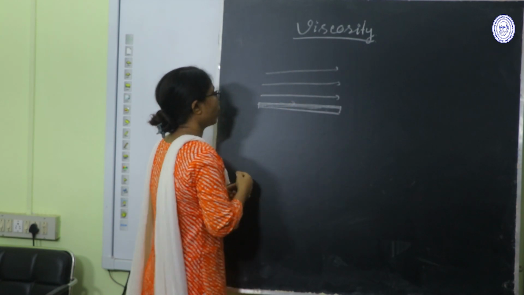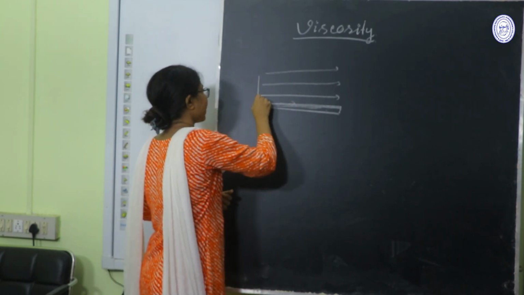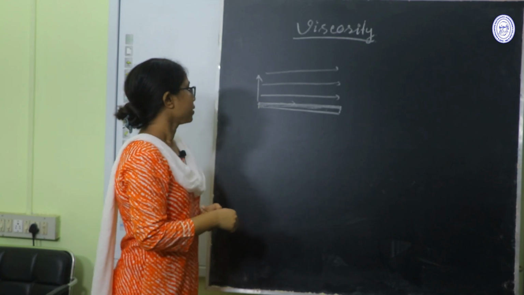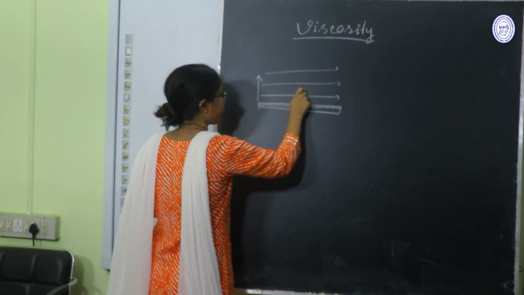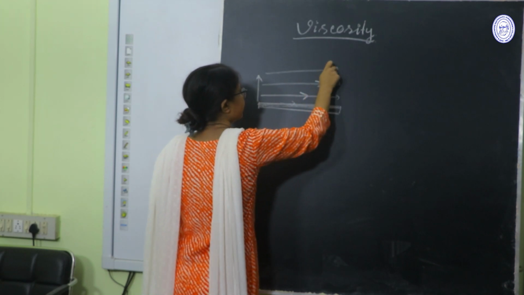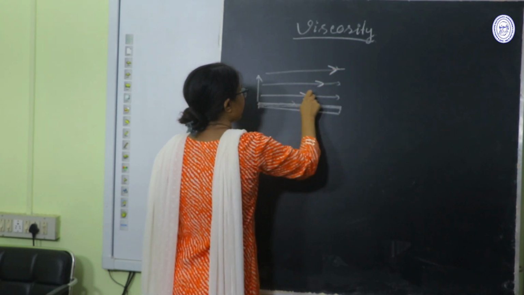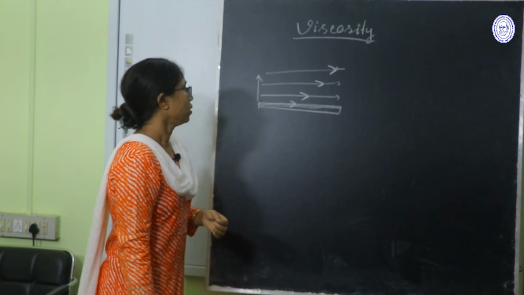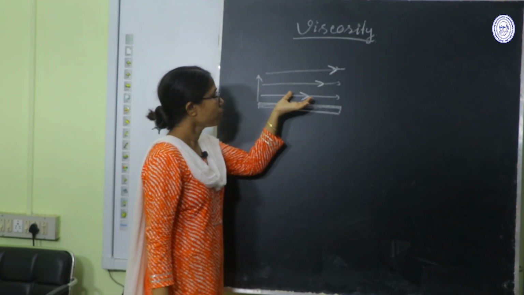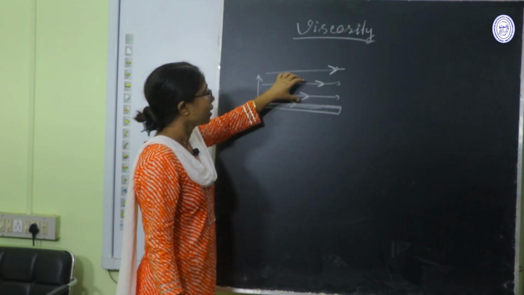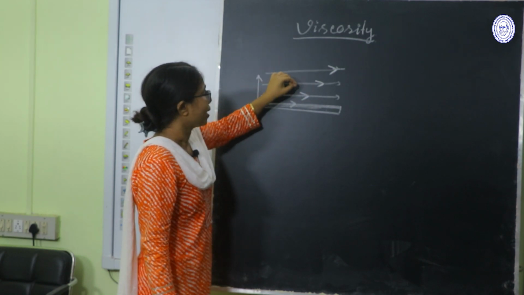With increasing height, the velocity of the layers of liquid increases. And this is how the relative motion arises between the liquid or fluid layers.